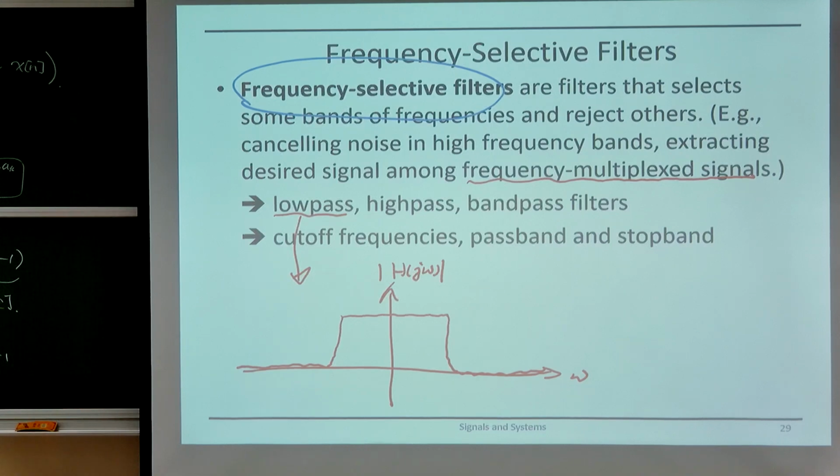The band of frequencies that you let through is called the pass band. Those that you suppress are called the stop band. And the frequency that sets the boundary between the pass band and stop band is called the cutoff frequency.